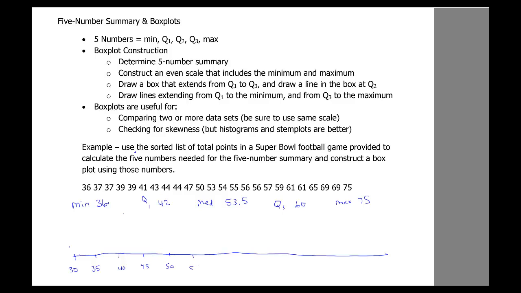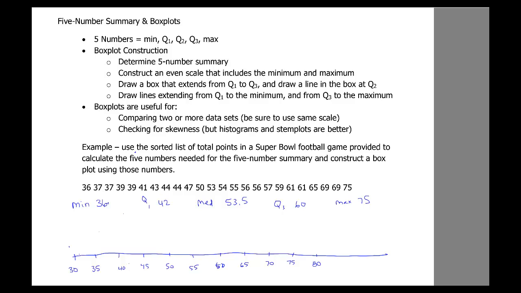The most common mistake I see on box plots is that students will just simply put the values for the 5-number summary just anywhere and not along a standardized axis.